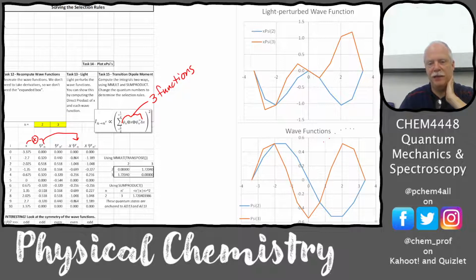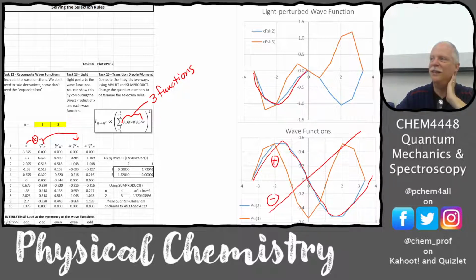So if we look at this, see the blue curve, wave function n equals 2, and I multiply that by the x-axis, okay? I've got a negative number here times a positive number there, so it makes the blue curve negative. You see that? And then I've got a positive value for x here and a negative value for the wave function here.